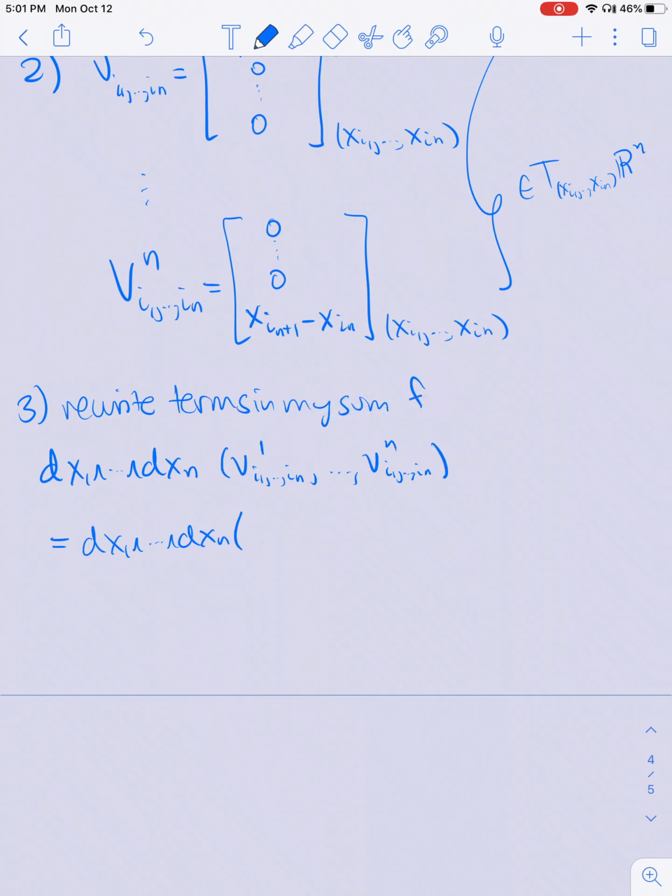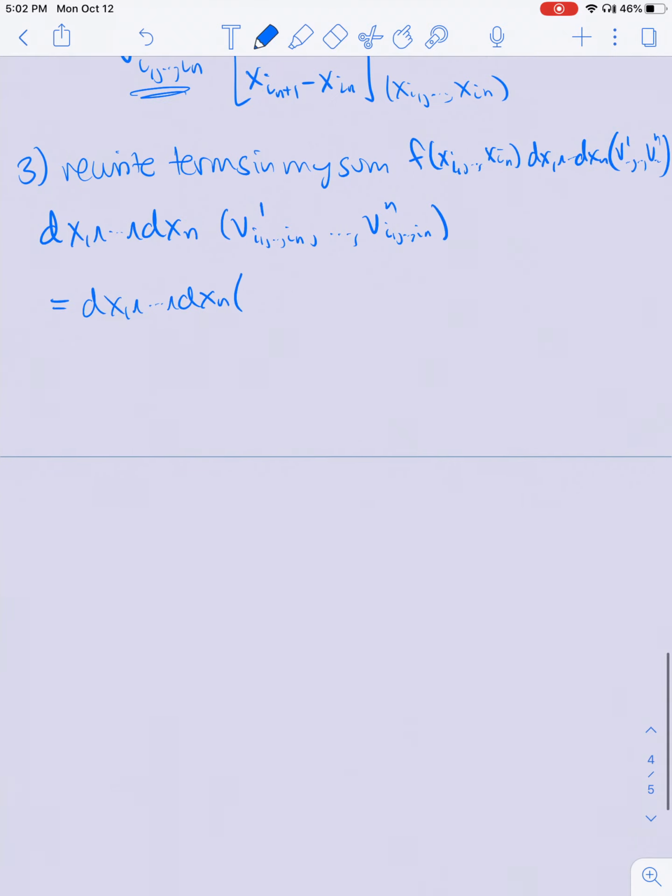So these should be something like f of x1 xi1 through xin times dx1 wedge all the way out to dxn applied to v1 blah blah blah all the way out to vn blah blah blah, where blah blah blah is this thing I1 through in.